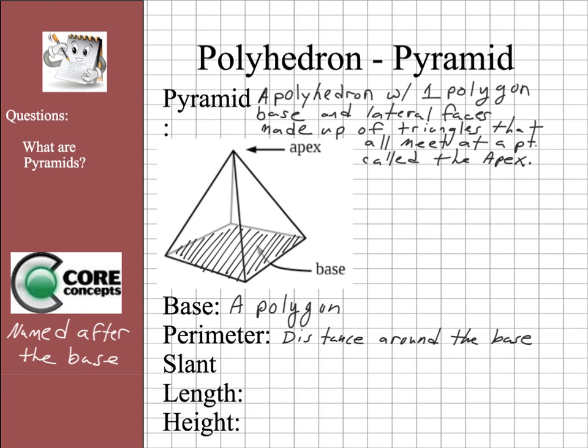Okay, slant height. Well, slant height on a pyramid is the length from the apex to the midpoint of a side.